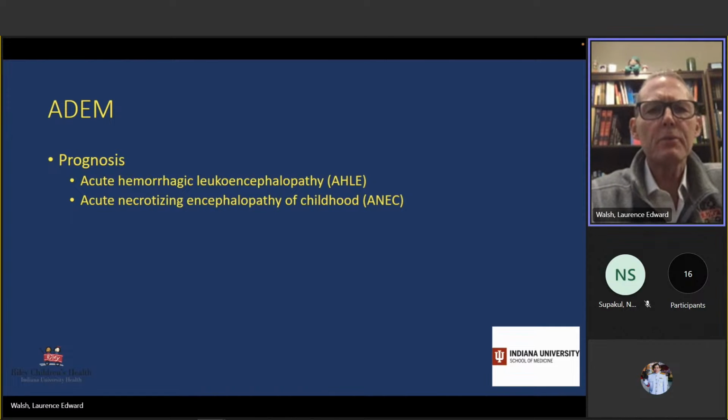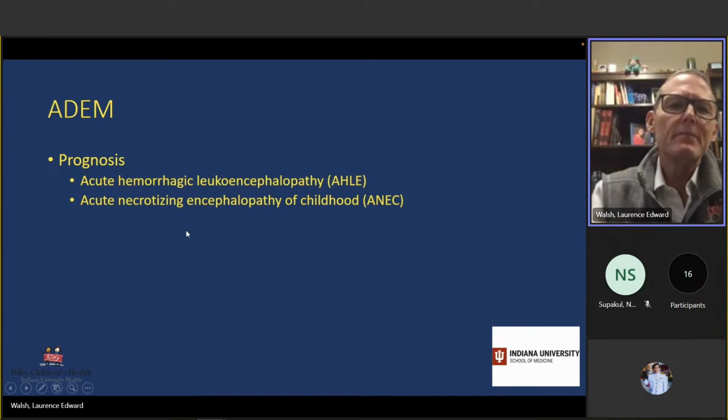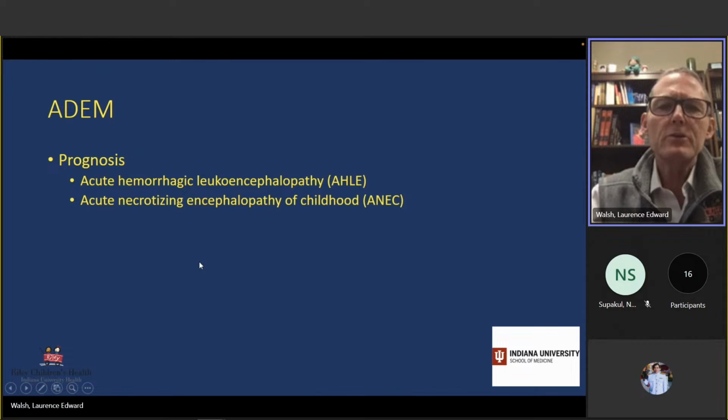I'm only going to say a couple things about these. We don't have slides of these or anything, but occasionally ADEM is not so relatively benign, I guess. One is acute hemorrhagic leukoencephalopathy.